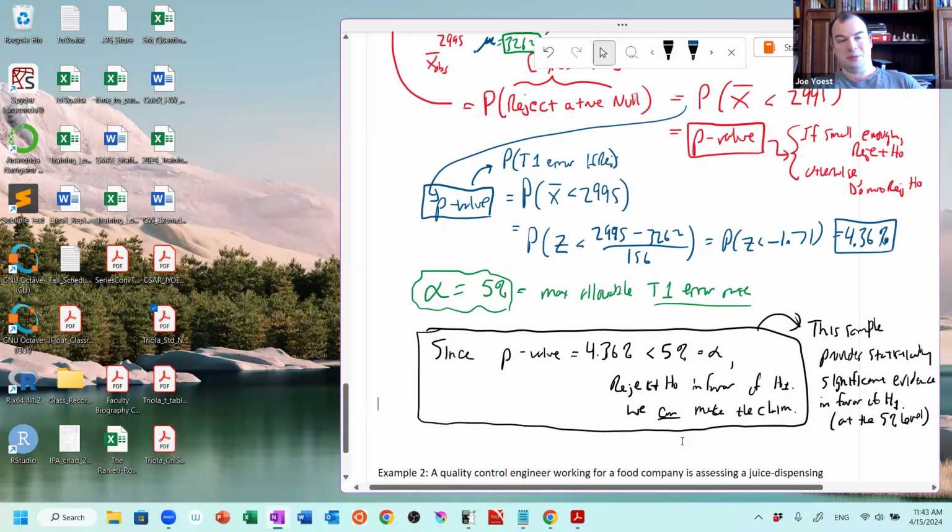So we could say the sample provides statistically significant evidence in favor of our claim, or in favor of the alternative hypothesis. Or we could simply say, because p is less than alpha, we reject H naught in favor of H1, we can make the claim.